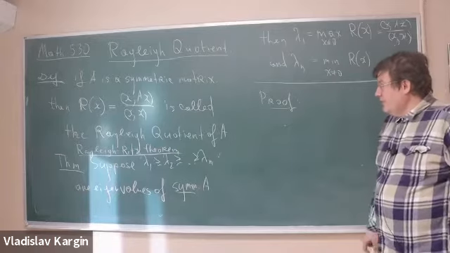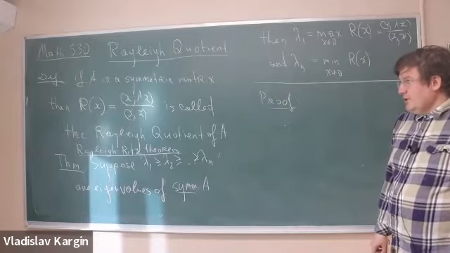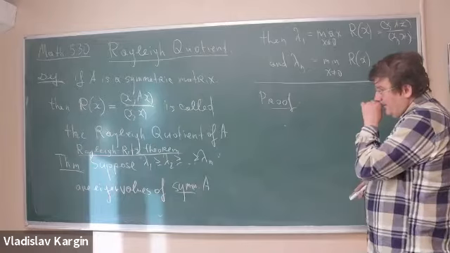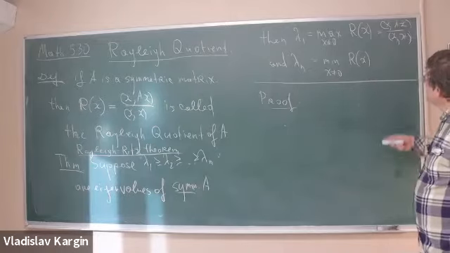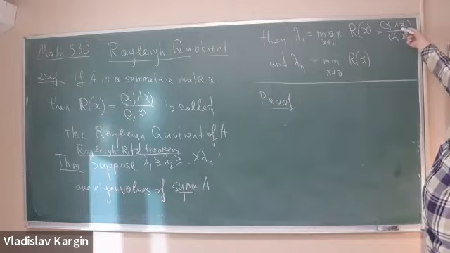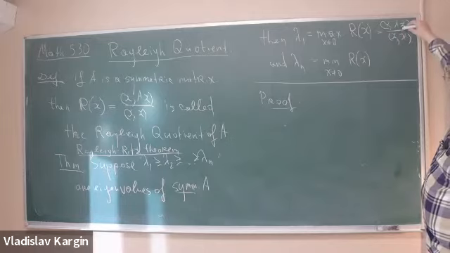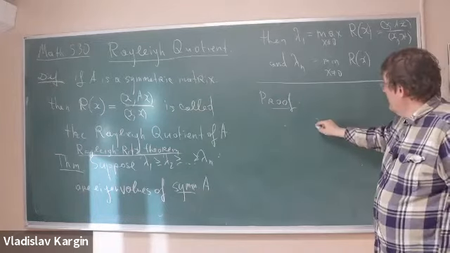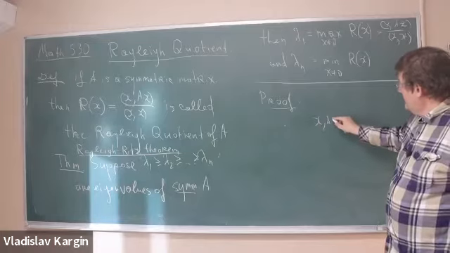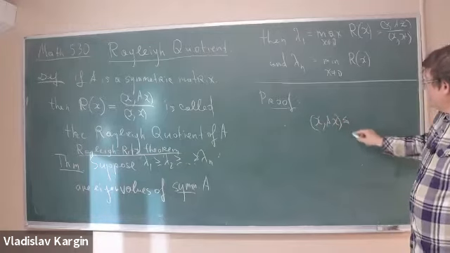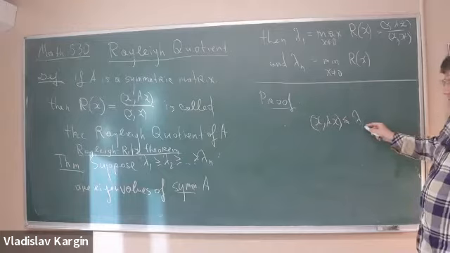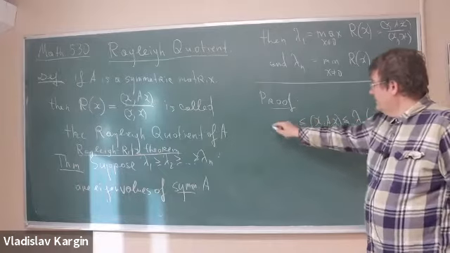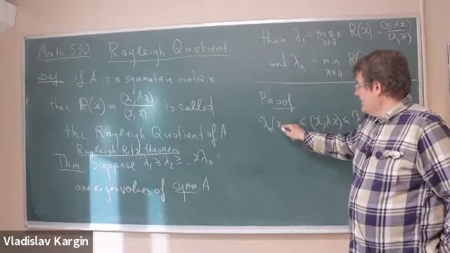What you need to do is show what this essentially says: that x transpose A x is bounded on one side by lambda 1 x transpose x, since lambda 1 is the largest, and on the other side by lambda n x transpose x.